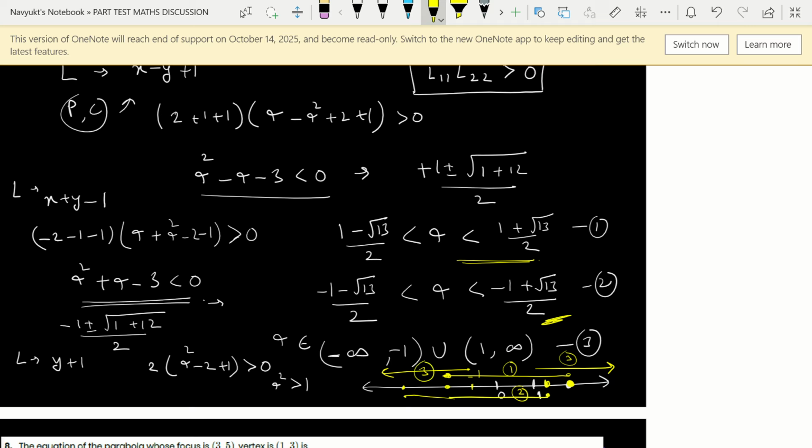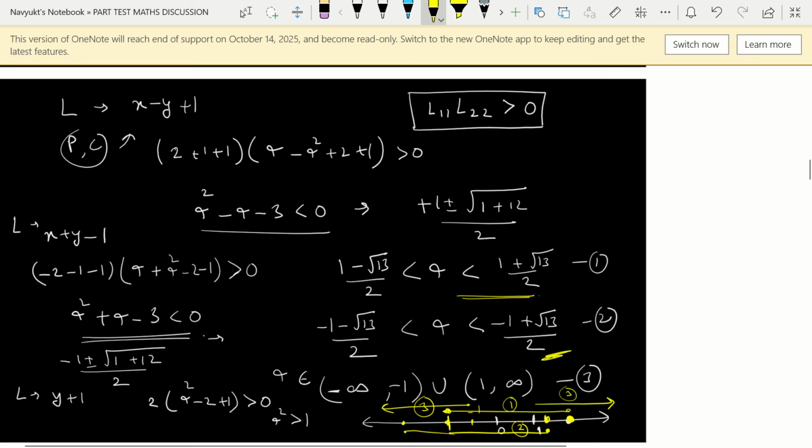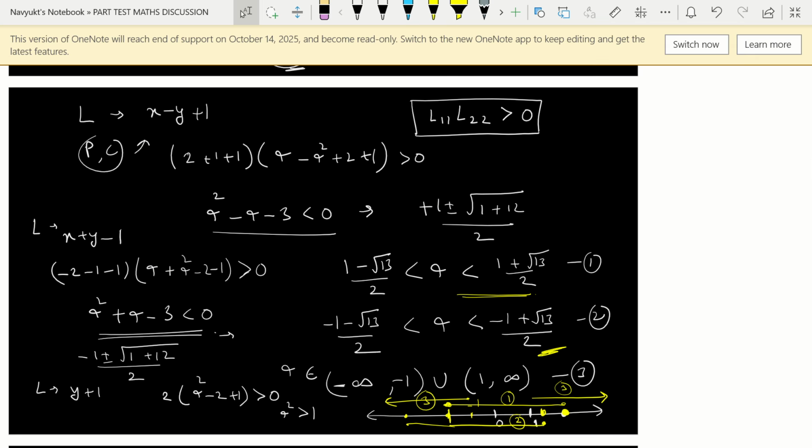So the intersection, as we can automatically see, is this point, which was the first condition point, till minus 1. So your answer would simply be this 1 minus root 13 by 2 till minus 1, correct? This zone, see down here, this zone along with this. This is the intersection of all the three conditions.